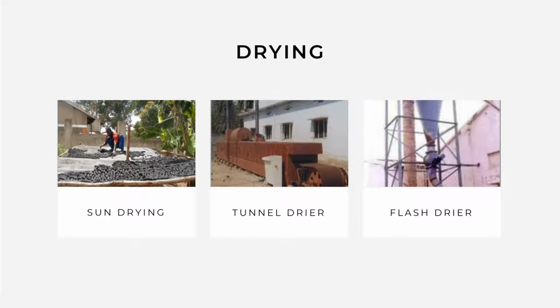Sun drying can take up to 3 to 4 days to dry the briquettes completely. Even large companies continue to use sun drying methods for finished briquettes. Other low capital solutions for drying include solar dryers, heated fans, or tunnel ovens.